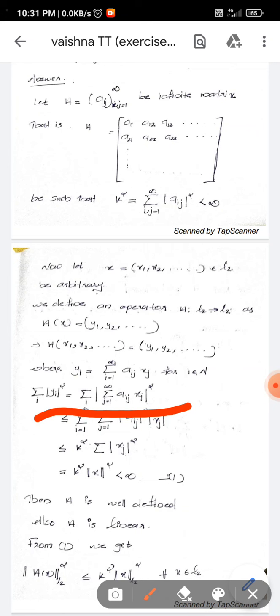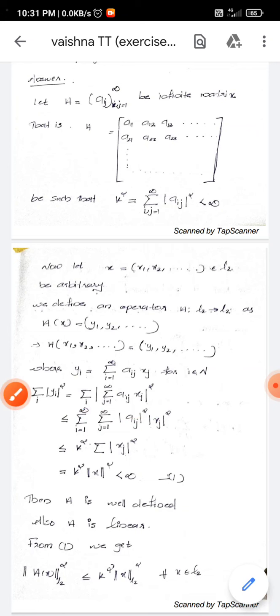Then we take the modulus inside, and the equality becomes less than or equal to: the sum over i of the absolute value of yi squared is less than or equal to the sum over i equal to 1 to infinity, sum over j equal to 1 to infinity, absolute value of Aij squared times the absolute value of xj squared.